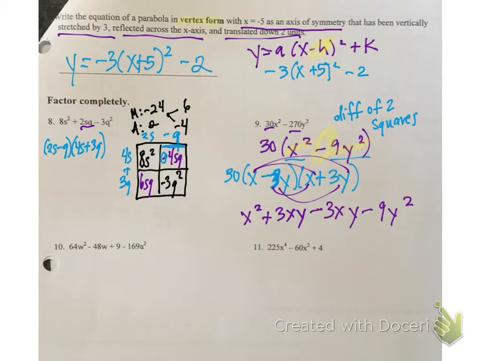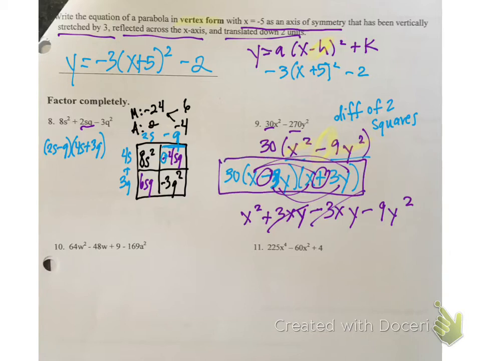So what ends up happening is my two middle terms will cancel out. If they were both the same sign, then you would have a minus and a minus. They would not cancel out. So that's why you have a minus and then a plus. So this is my final answer. A little messy.